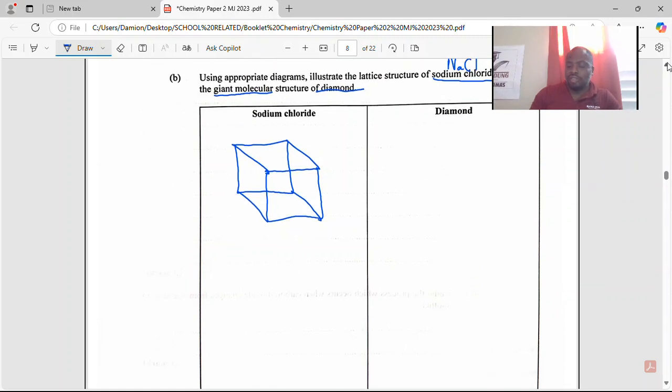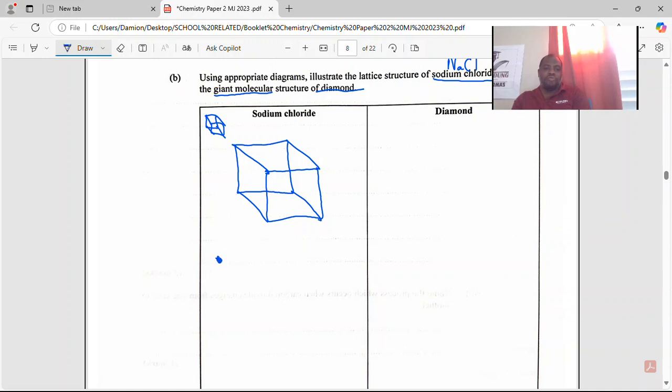Maximize on the space that they provide. Again, this is where your ruler and your pencil will be needed. So don't think that we might not need the ruler. You have cases where you need to draw.